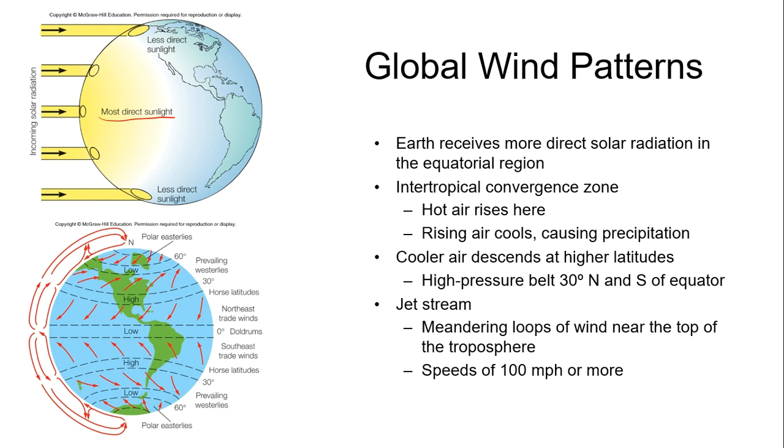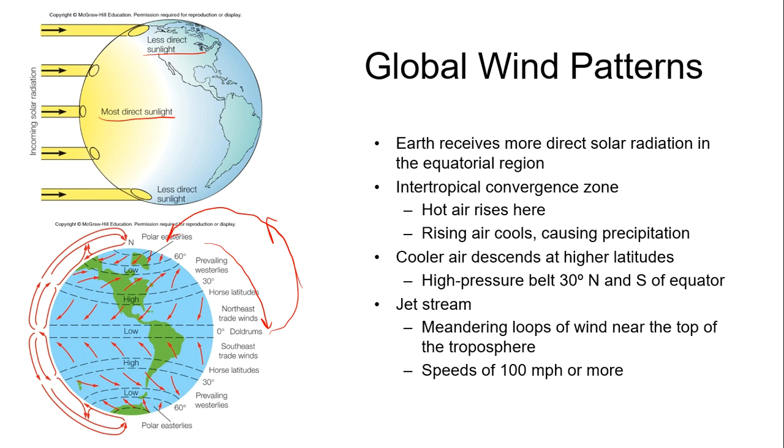And since it's hotter, that's where we're going to have rising air. At the poles, you're going to have more indirect sunlight. And since it's more indirect, it's going to be colder. That's where we're generally going to have our sinking air. So in general, you have rising motion over the equator and sinking motion over the poles. And thus we complete our cycle as I just drew here.